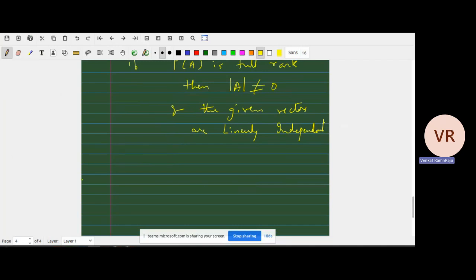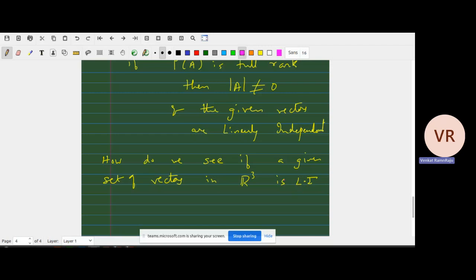But in general, how do we see if a given set of vectors in, let's say for simplicity, R3 is linearly independent?